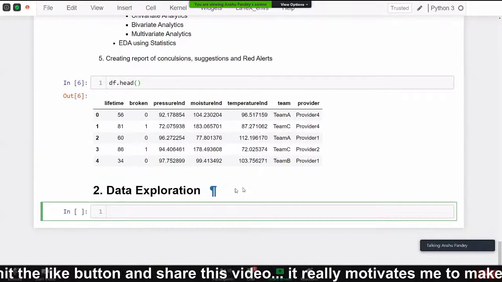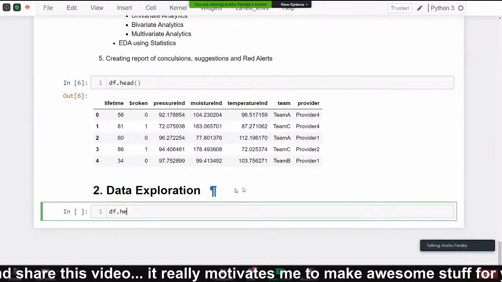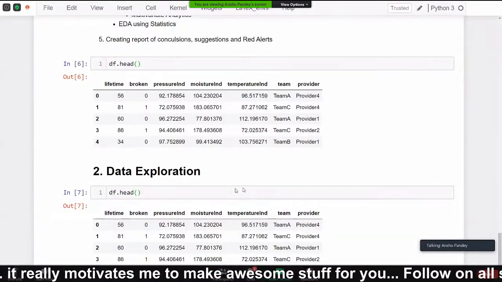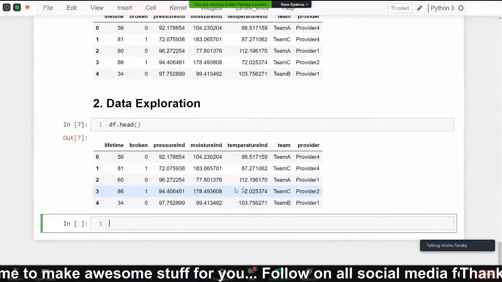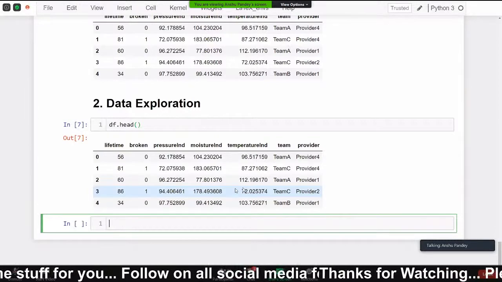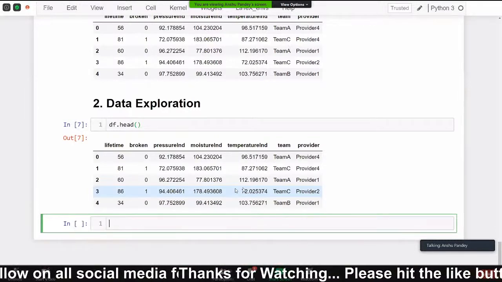So as part of exploration, we identify some common challenges. We look at df.head again. These are the columns that we have. I hope we are now good with the meaning of each and every column: what is lifetime, what is broken, what is pressure, what is moisture, what is temperature, what is team, what is provider. As we can see, we do not have any identifier of each machine.